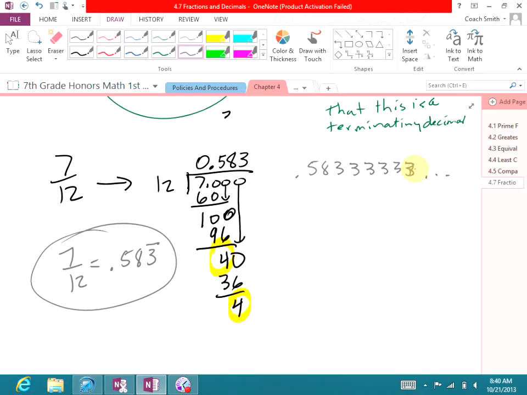It's going to repeat the same remainders in a row. Let me see if they give us one that actually does repeat a block of digits, so I can show you. No, they don't do one in there. Let me look over on the other side.